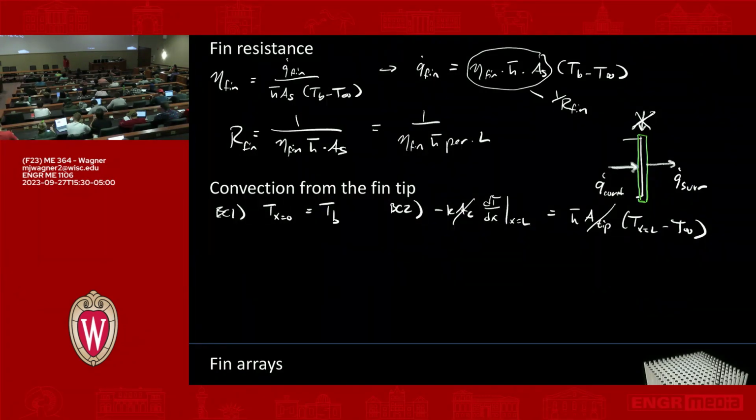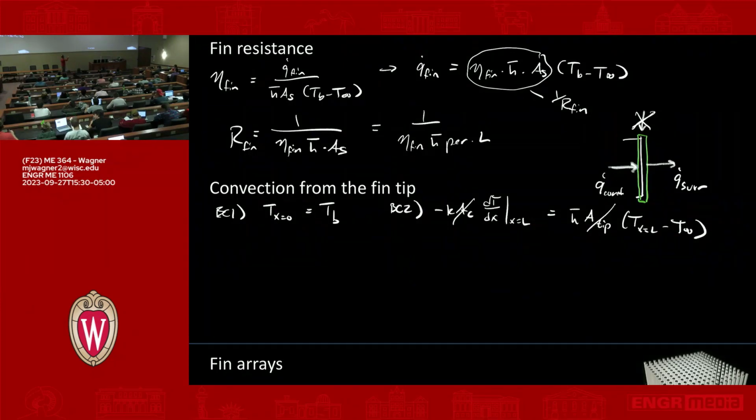So I'm not sure I fully understood your question. The way we calculate the resistance of the fin was just looking at convection. Would it change if we also looked at radiation as well? Yeah. So the resistance of the fin would need to include all possible heat loss mechanisms from the surface that's exposed.